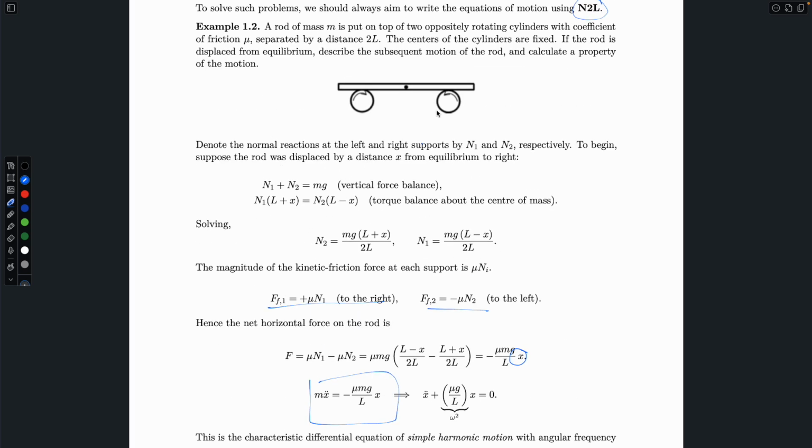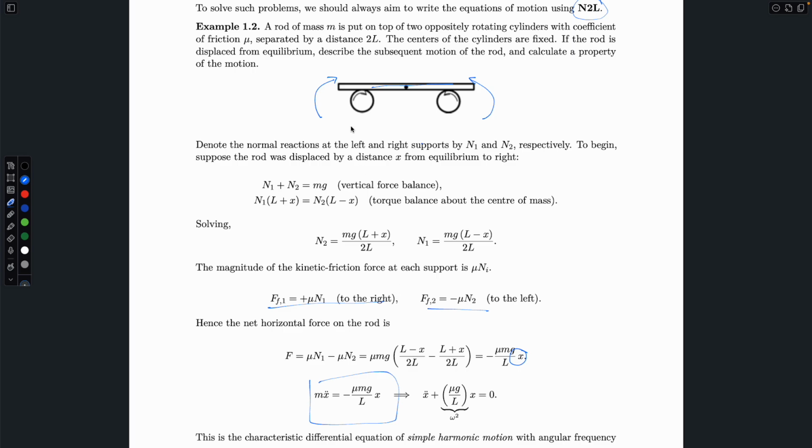Can you explain why? Oh, because the left cylinder is rotating like this, and the right cylinder is rotating like this, right? So the forces to the right and to the left are what the mass will feel, not what the cylinder will feel.